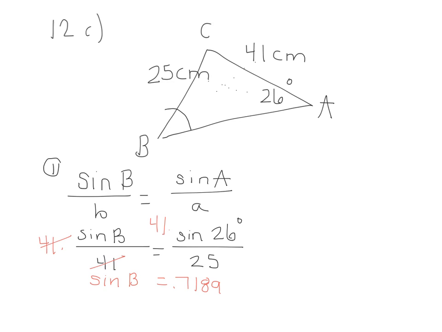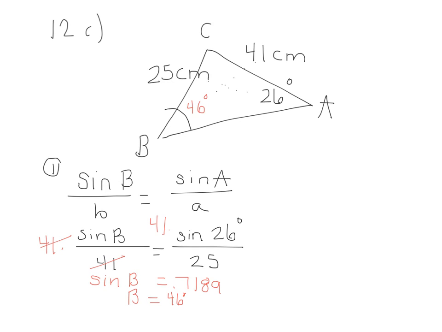Now I want to know the angle, and we know that whenever we're wanting to find an angle, we use an inverse function. So the inverse sine of this measurement, 0.7189, gives us an angle of about 46 degrees. Might be a little different based upon how you round it. So now I know that angle B is about a 46-degree angle.